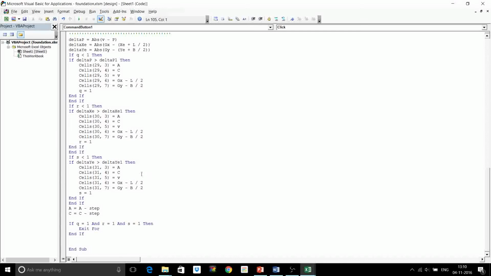Okay. And I will convert delta P1 equal to delta P, which is going to be taken for the next iteration. Delta XE1 is equal to delta XE, delta YE1 is equal to delta YE.